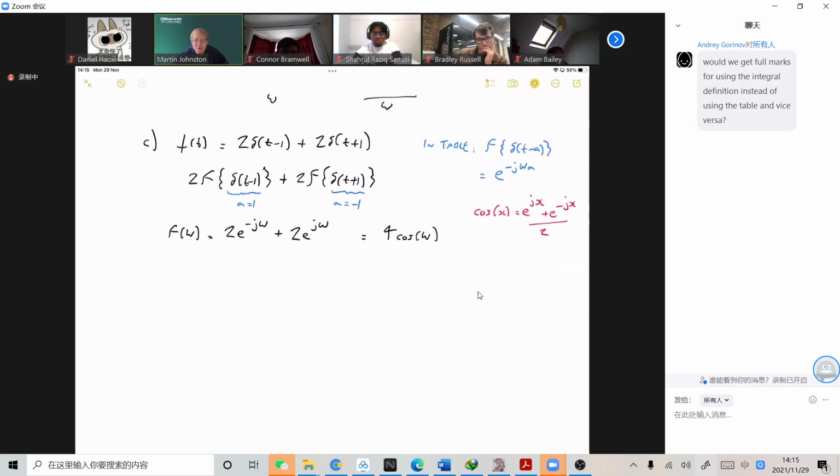Right. Now, question 2, I want to leave, and I'll let you look at the solution, because it's a very long-winded integral. So it's actually one of the questions we're talking about now. It says calculate the Fourier transform of u of t times e to minus t times cos t. So there's a clue there.